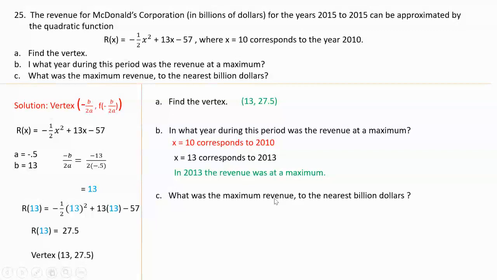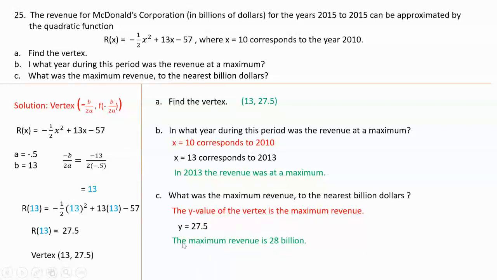What was the maximum revenue to the nearest $1 billion? The y value of the vertex is going to be the maximum revenue, but they want you to round to the nearest $1 billion. So the maximum revenue is $28 billion. That's the answer for A, B, and C.